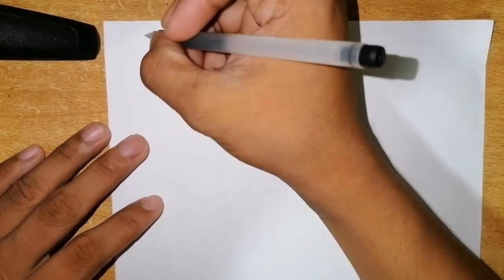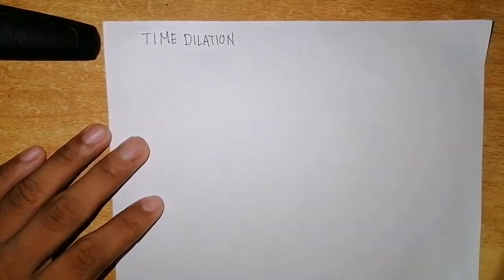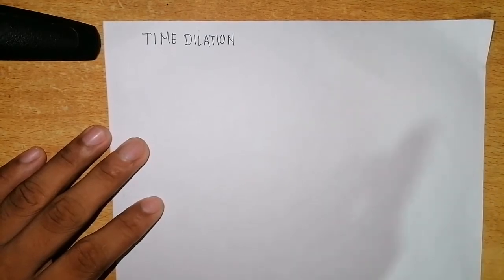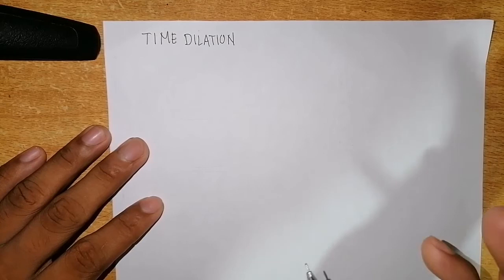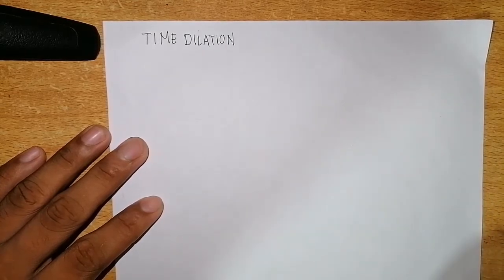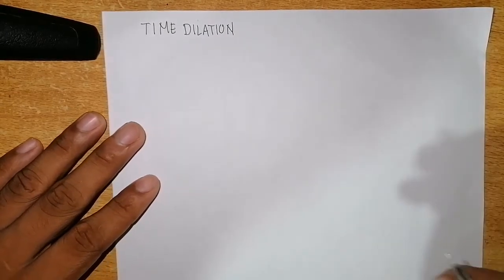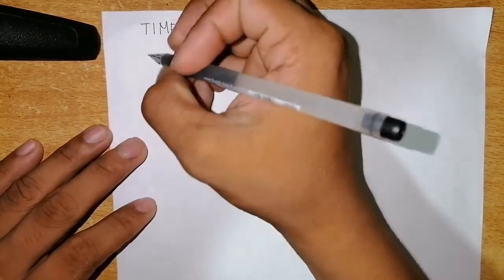So in this video, we will be deriving the time dilation formula. Before we proceed to the specification of this formula, let me first show you the actual formula of this time dilation.